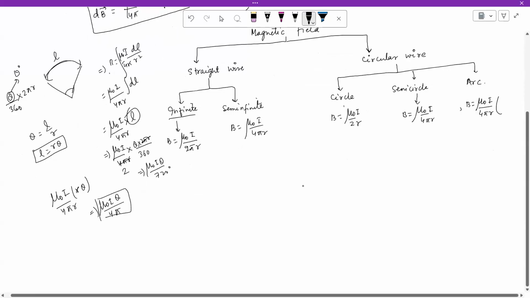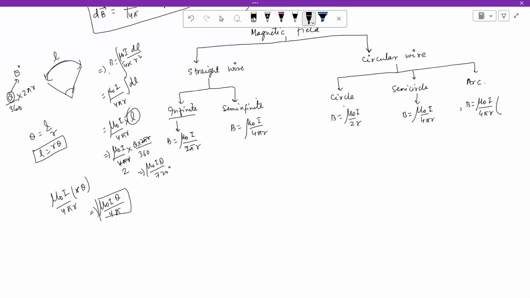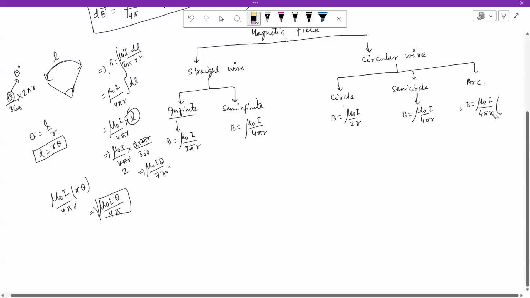This is the answer if it is in radian. If it is in degrees, this would be mu naught I theta by 720.